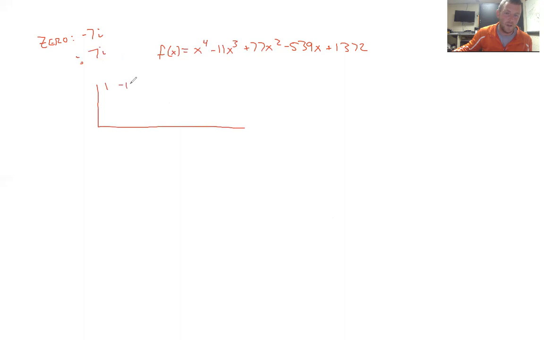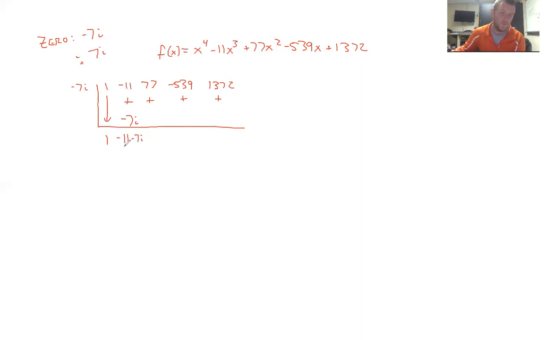1, negative 11, 77, negative 539, and 1,372. Let's do negative 7i first. Bring down the 1. 1 times negative 7i is negative 7i. And then you can't combine them because they are not like terms, so it's negative 11 minus 7i.